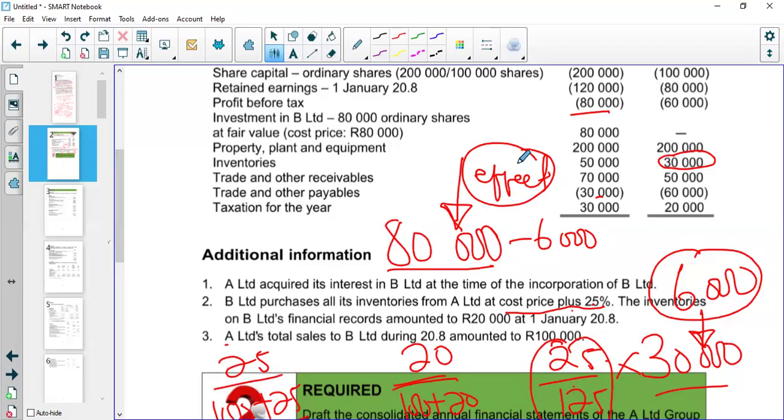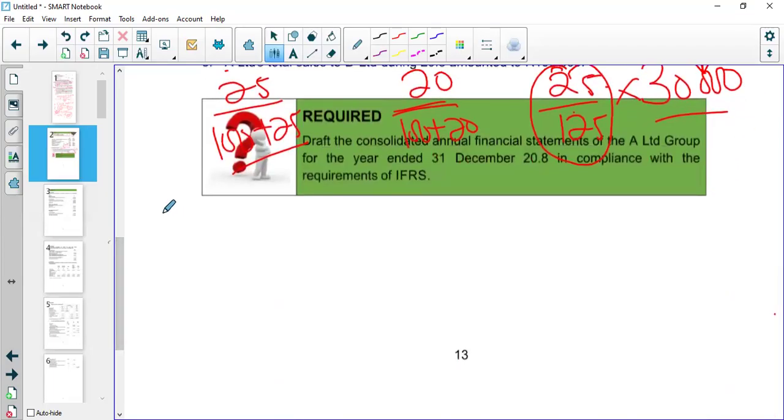Now, when I say we don't do it like that, I'm going to present two scenarios. The first scenario is when we have to prepare the entire income statement with sales, cost of sales, gross profit.